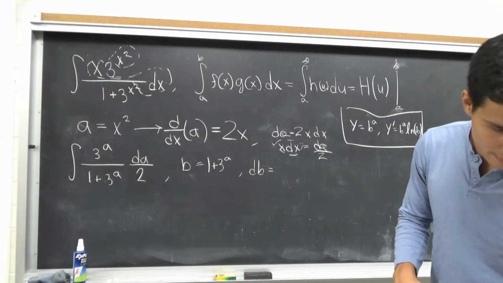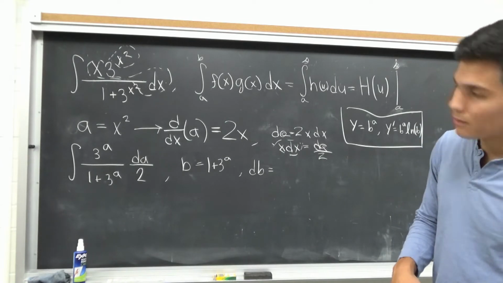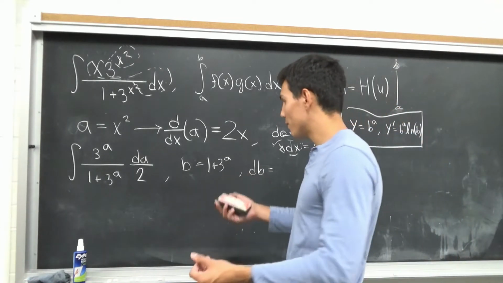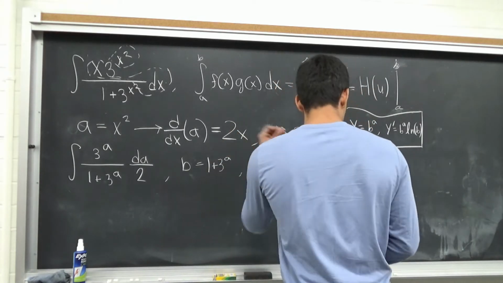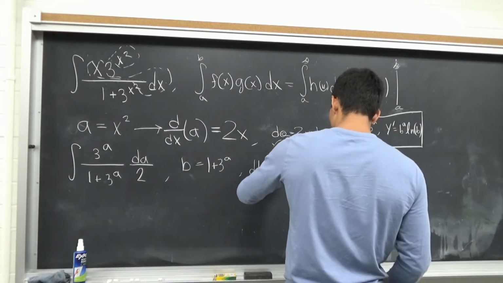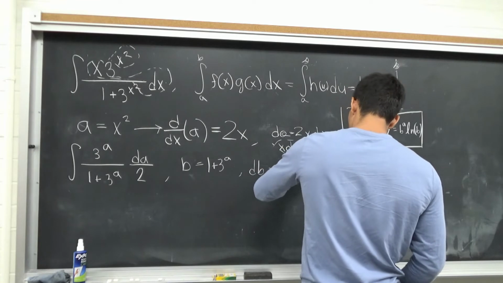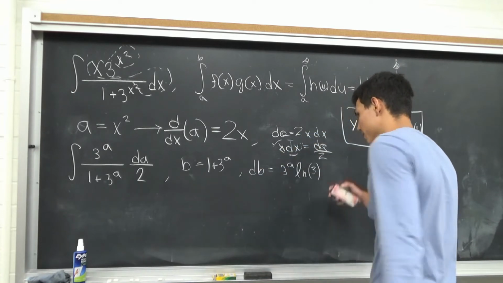Yep, that is correct. Sorry, I can't remember everything. So in this case, it's just going to become 3a ln 3 dA.